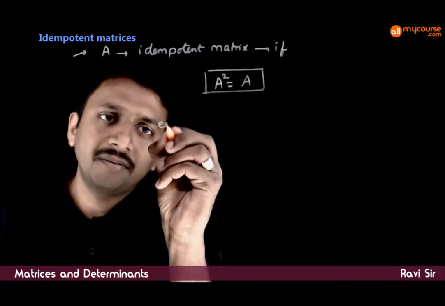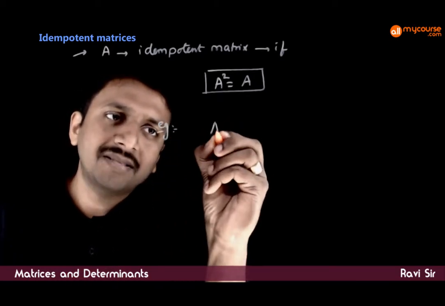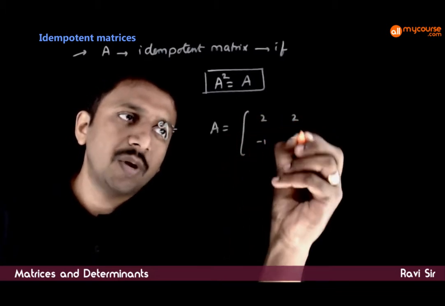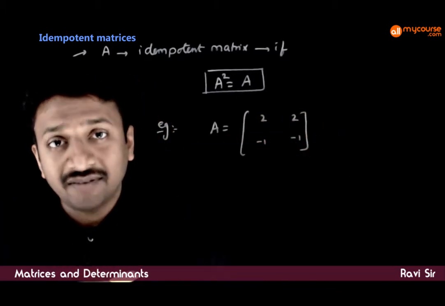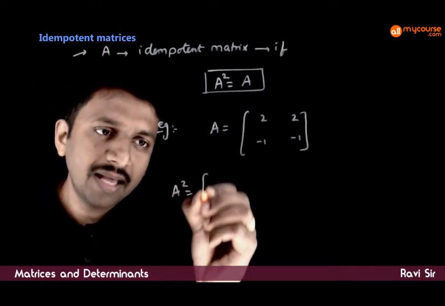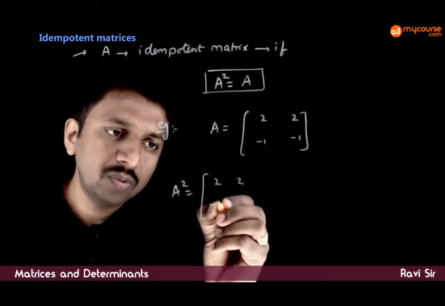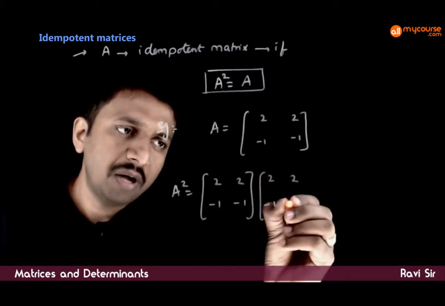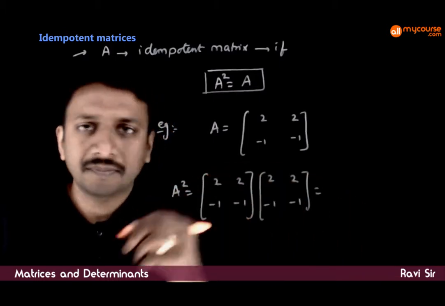For example, if you have a matrix A as [2, 2; minus 1, minus 1], let us try to calculate A square. A square is equal to [2, 2; minus 1, minus 1] times [2, 2; minus 1, minus 1].